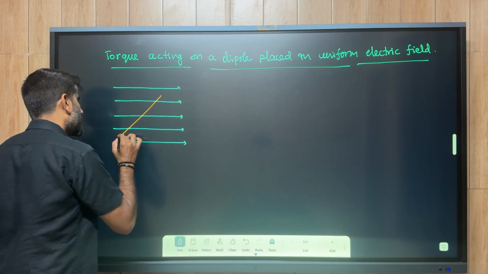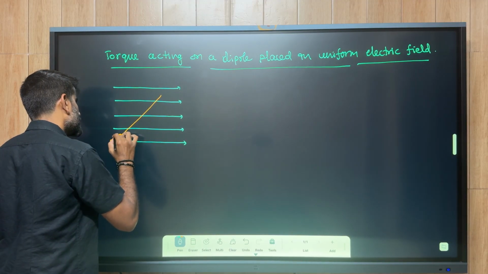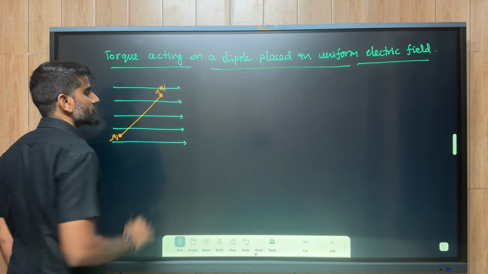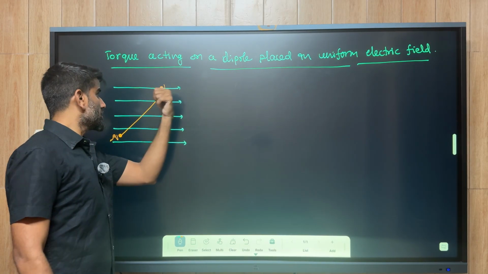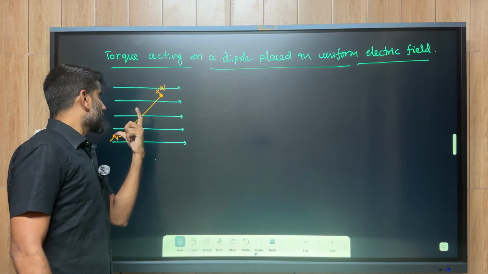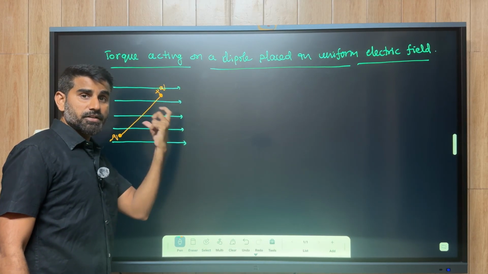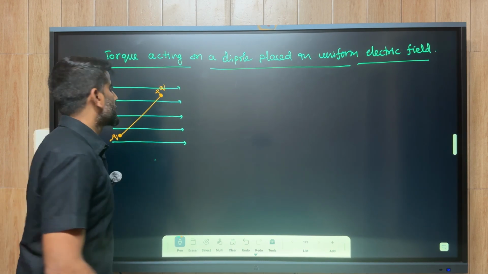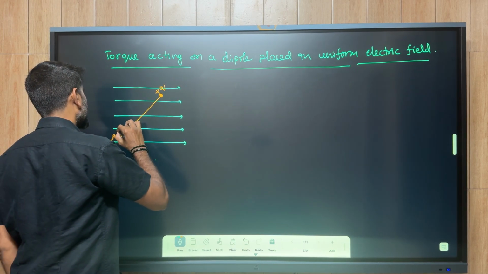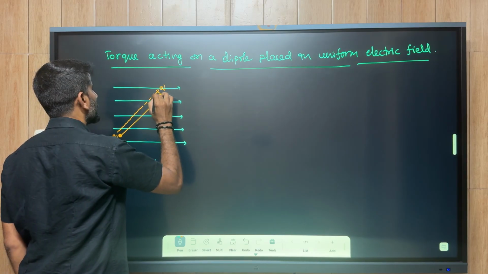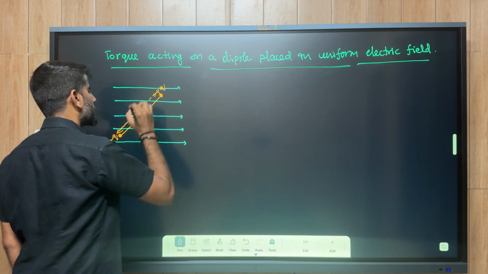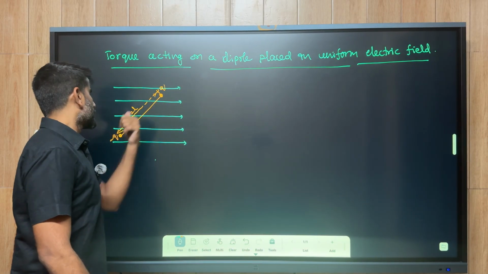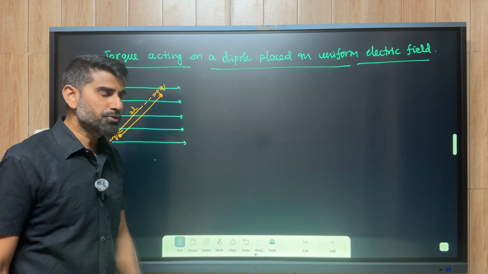Here we have minus q charge and here we have plus q charge, separated by small distance 2l, as we have taken in the earlier lecture as well.